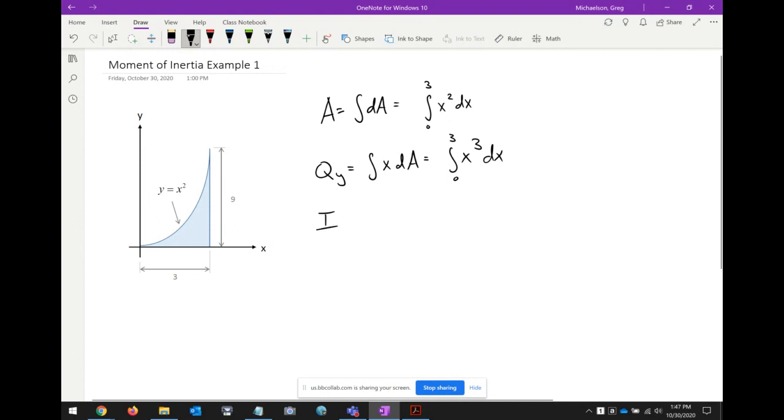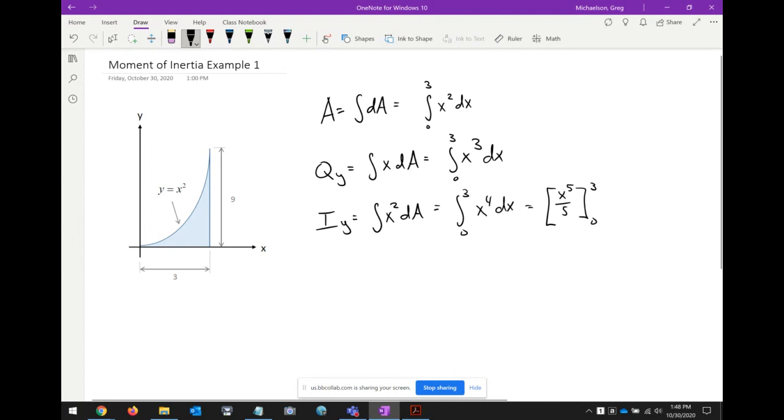If I want to find the moment of inertia about the y-axis, I'm going to take the integral of x squared dA. So it's not harder, it's just more. What am I going to get? The integral from 0 to 3 of x to the fourth dx. What is the integral of x to the fourth? It's x to the fifth over 5, from 0 to 3.